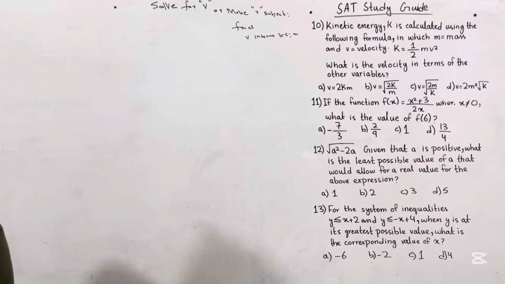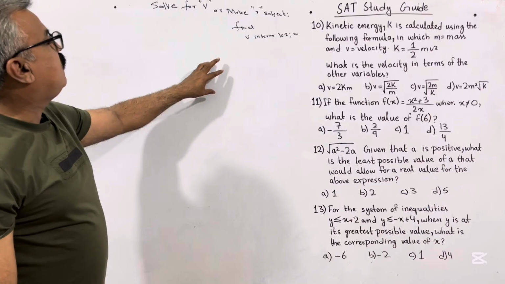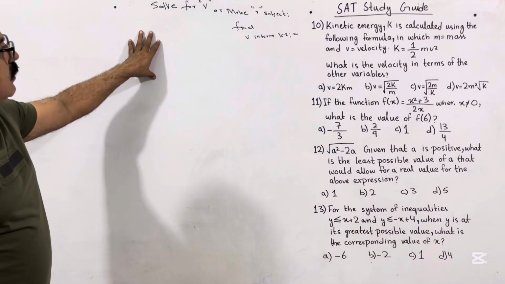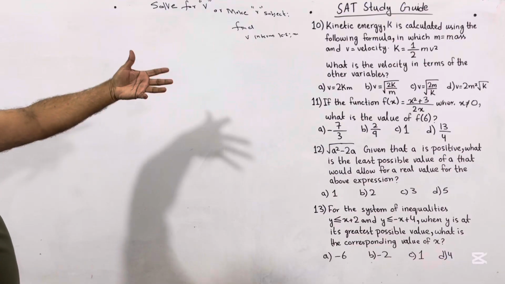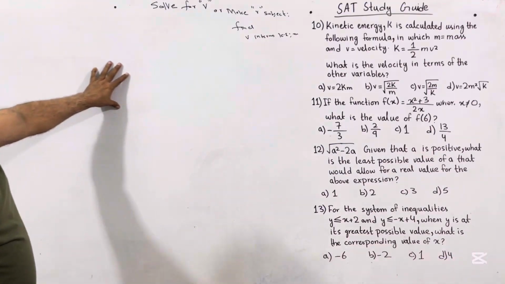All these are the same phrases for finding the value of v. Some literature says solve for v, make v the subject, or write v in terms of kinetic energy and mass.